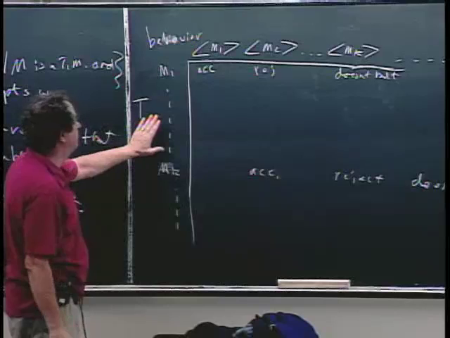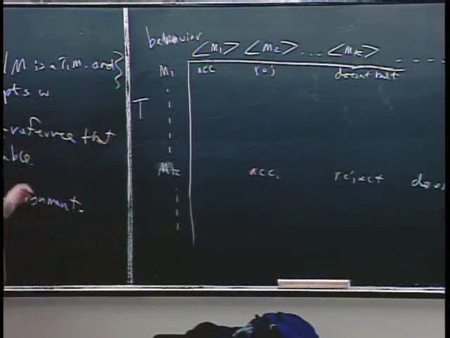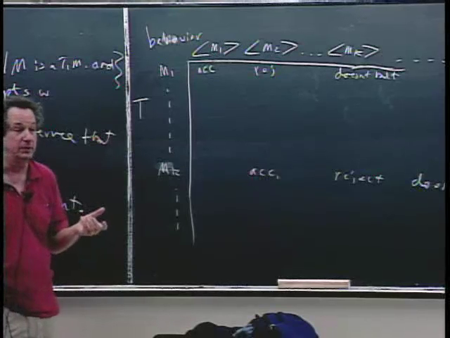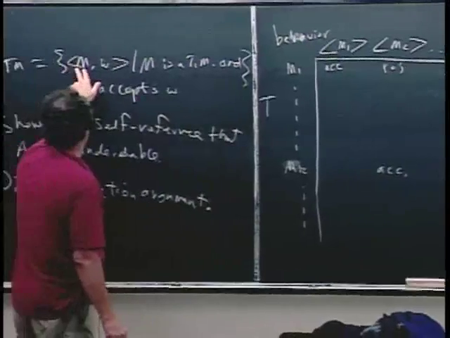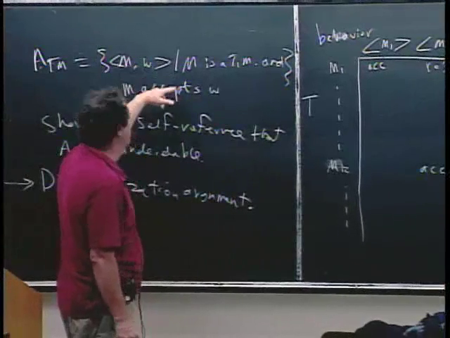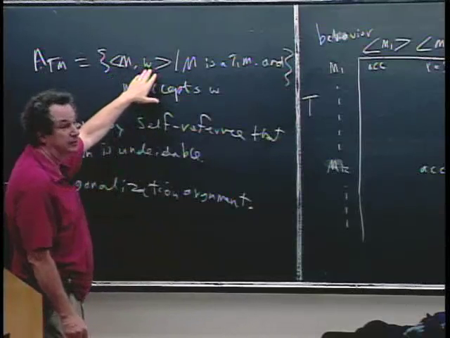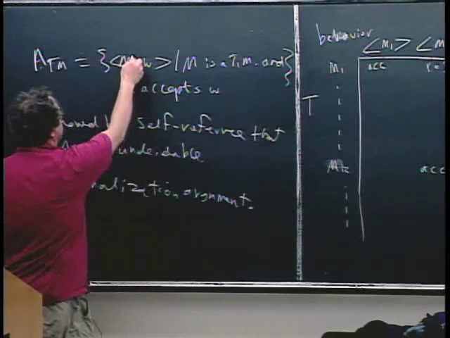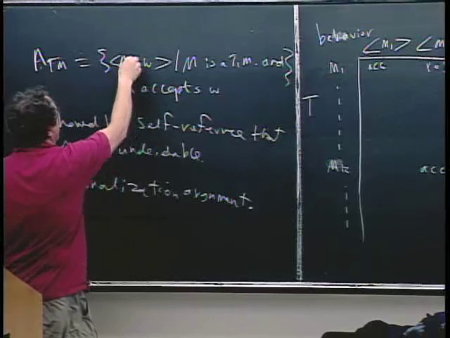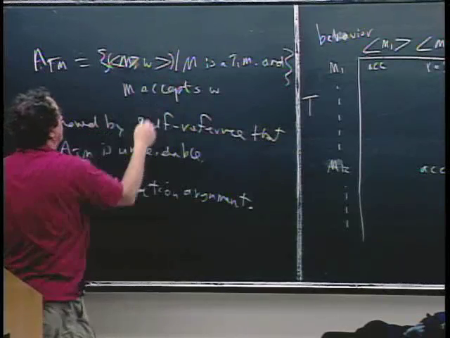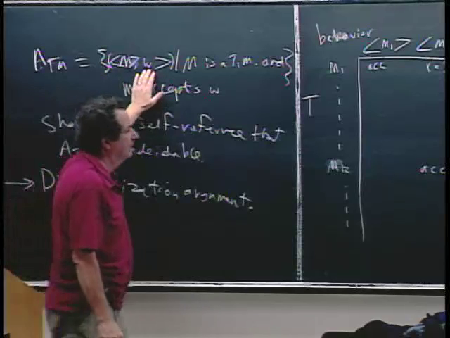And then we say, okay, suppose that ATM really is decidable. What does it mean to be decidable? It means that there's some Turing machine which can take in an arbitrary string of this form, where the first part of it is a description of a Turing machine, and the second one is some particular input for it.